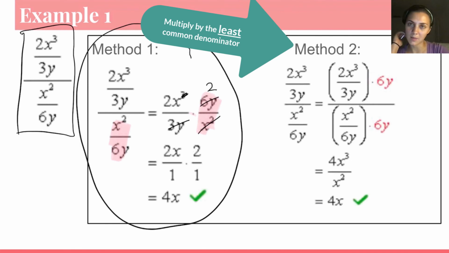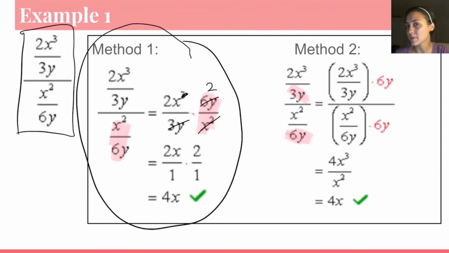So multiplying by the least common denominator, you just have to think, what is the least common denominator? Looking at the two denominators, I can see that the least common among them is the 6y, so it will be the bigger number, usually the bigger number that includes everything in it. So 6y will be able to cancel out 6y.